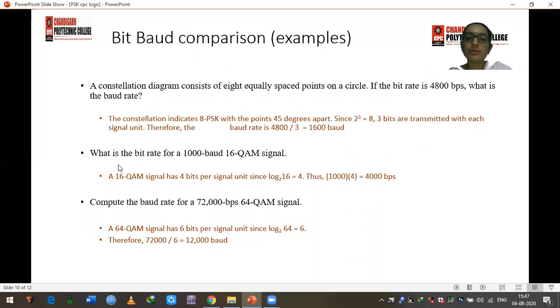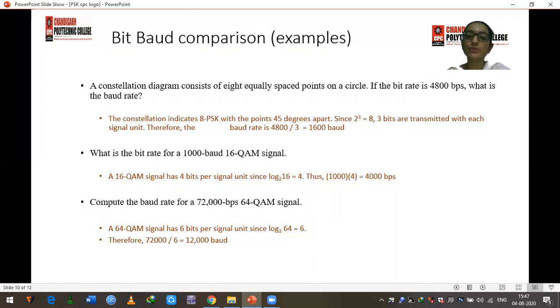Now, the next example: what would be the bit rate for a 1000 baud 16 QAM signal? A 16 QAM signal has 4 bits per signal unit, since log base 2 of 16 is equal to 4. Thus it's 1000 multiplied by 4, that is 4000 bps.